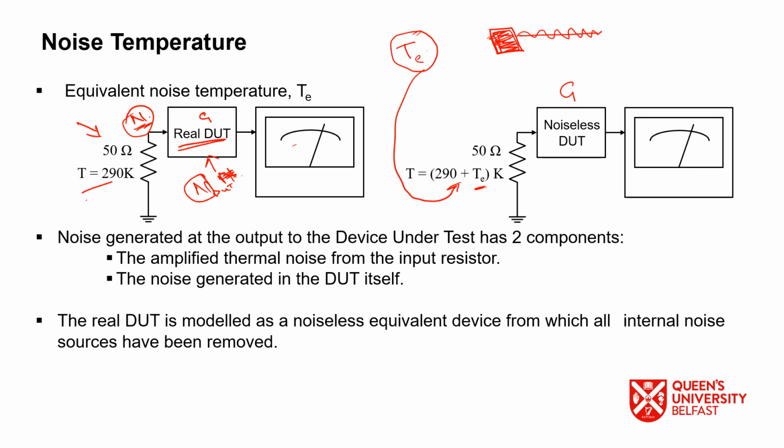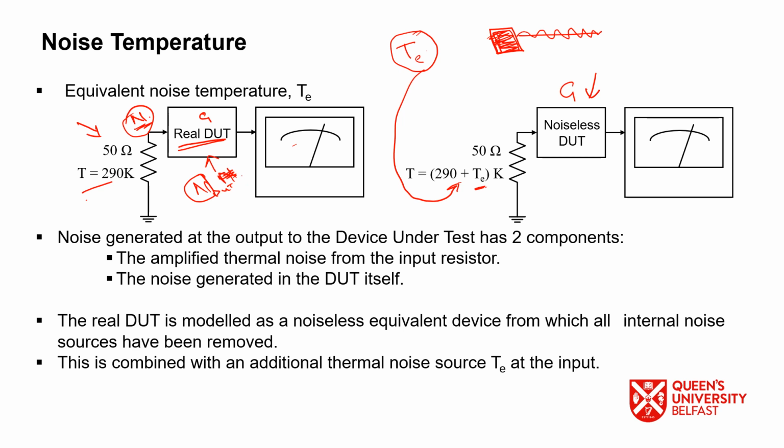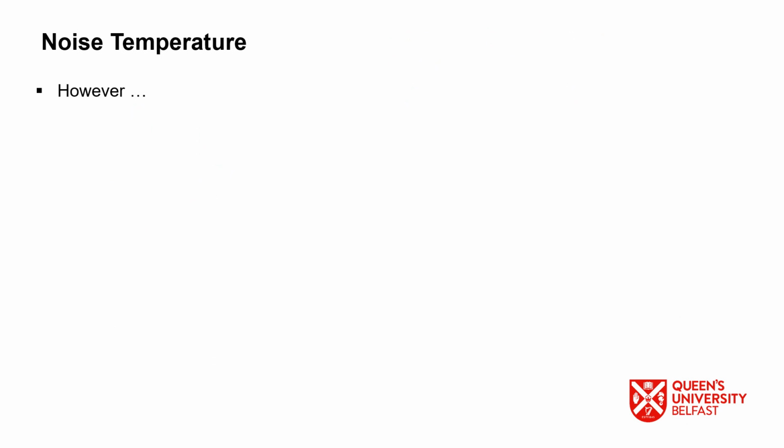The real DUT is modeled as a noiseless equivalent device for which all internal noise sources have been removed. So we pushed that noise from this DUT and placed it here in the form of our equivalent noise temperature. This is combined with an additional thermal noise source TE at the input. TE is the equivalent noise temperature of the device under test or any receiver.